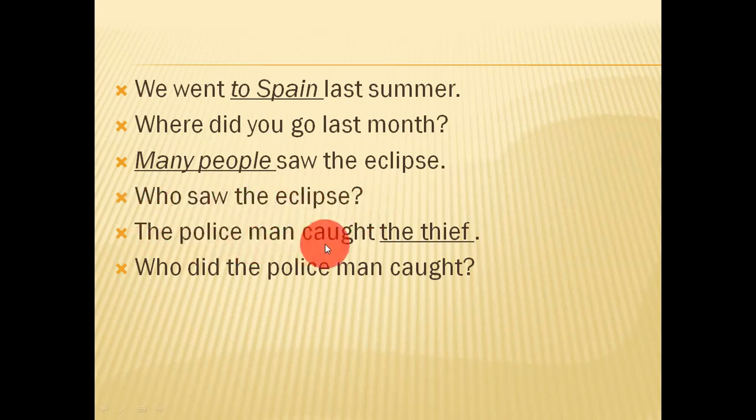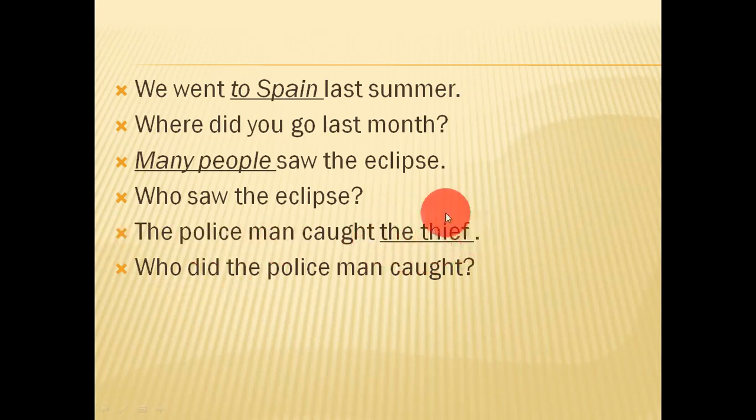The policeman caught the thief. Here we are asking about a person. So we use who. And here, when we ask about a person, we use who. But look at the difference. It's like I have explained already in the previous video. The policeman caught the thief.